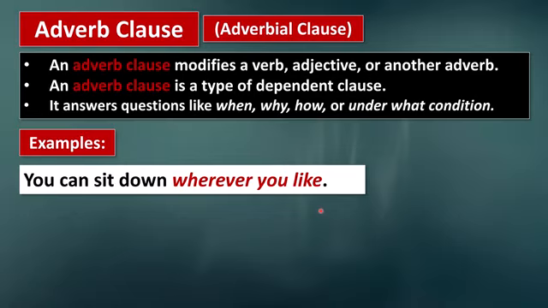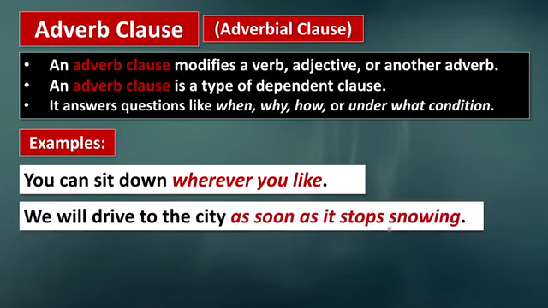Wherever you like is an adverb clause because it tells us where you can sit down. It's giving us extra information about the verb. Here's another example. We will drive to the city as soon as it stops snowing. As soon as it stops snowing is also an adverb clause because it tells us when the action will happen.